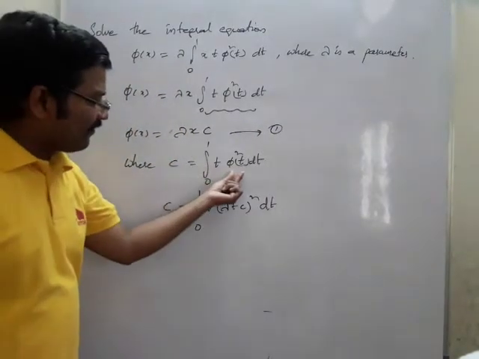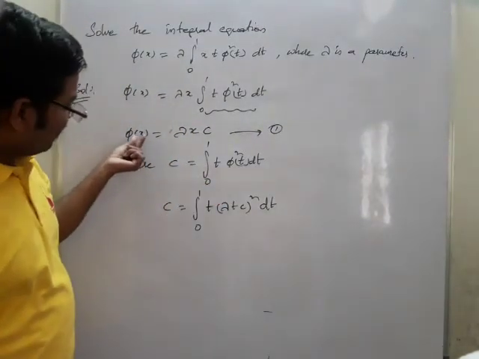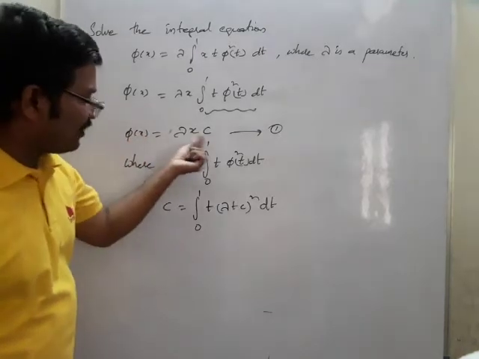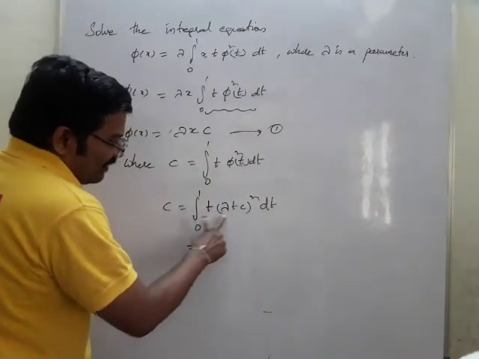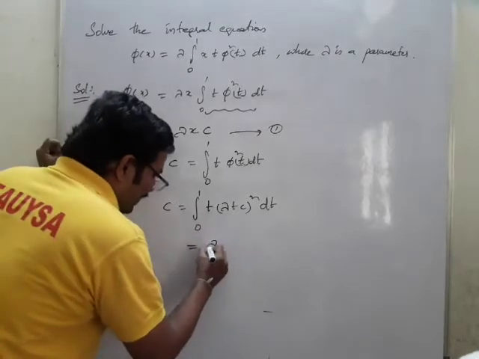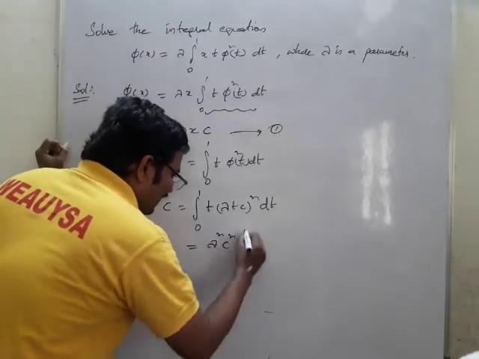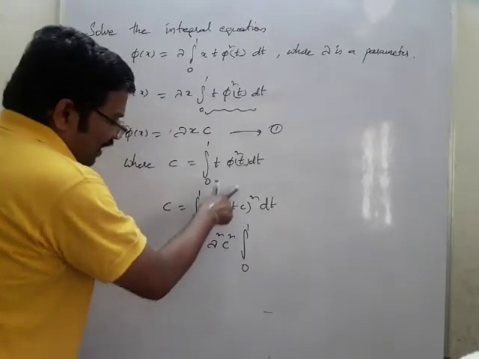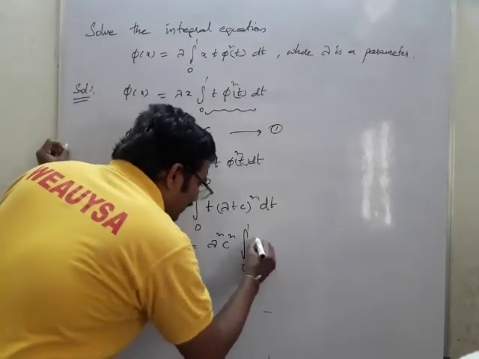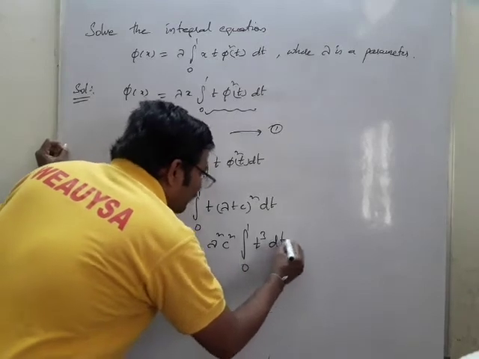Now phi of t is nothing but phi of x, wherever x is there, put t. Now you will get t square and lambda square. So I will write lambda square c square, integral 0 to 1 outside, and this is t square and this t, so this will be t cube dt.